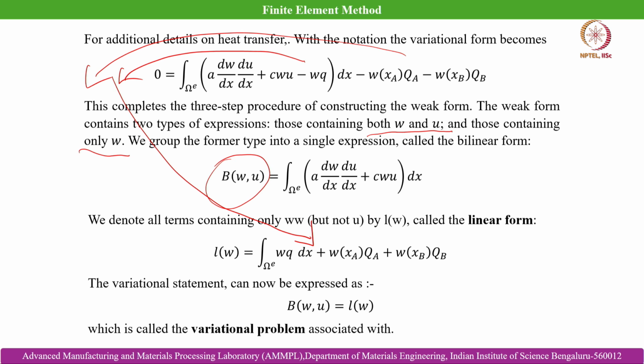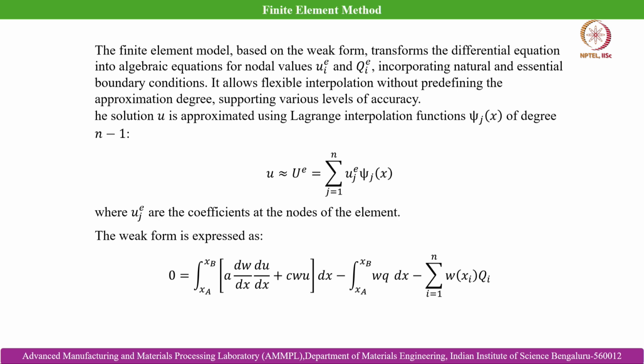This is called the variational problem. The finite element model based on the weak form transforms the differential equation into algebraic equations for nodal values u_i^e and Q_i^e, incorporating natural and essential boundary conditions.